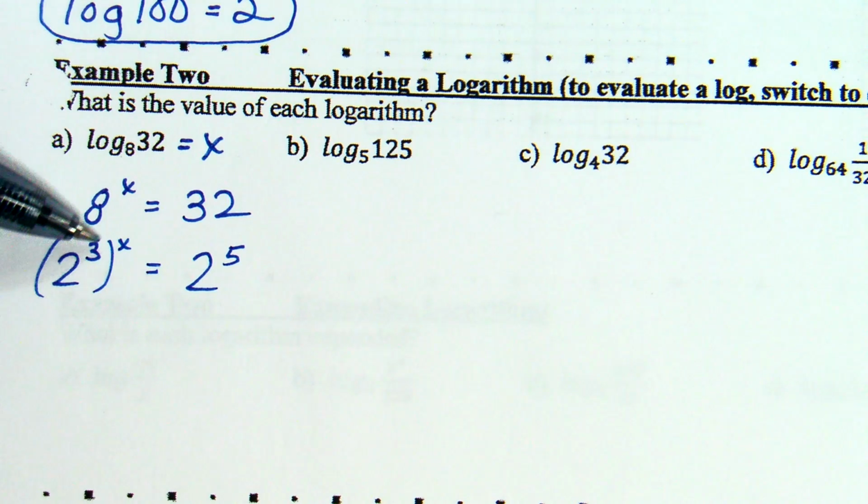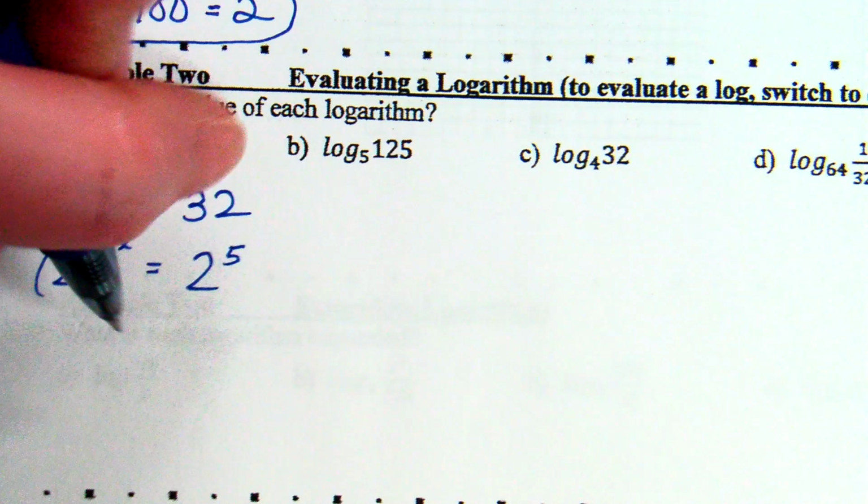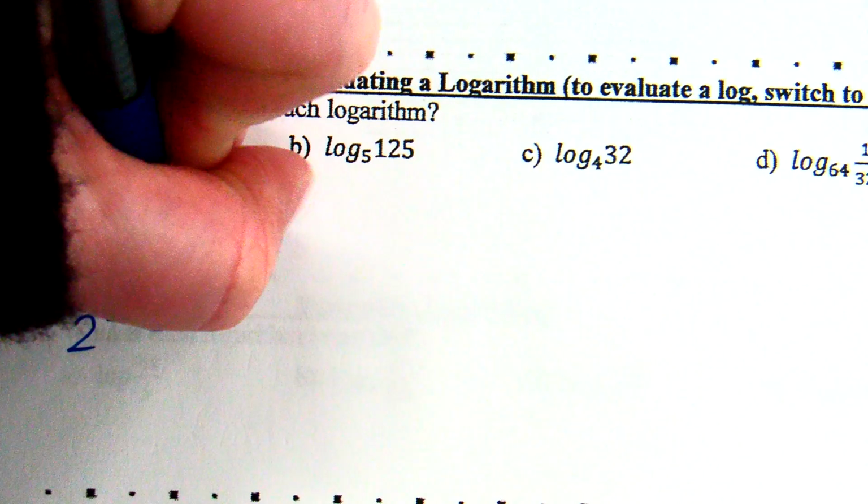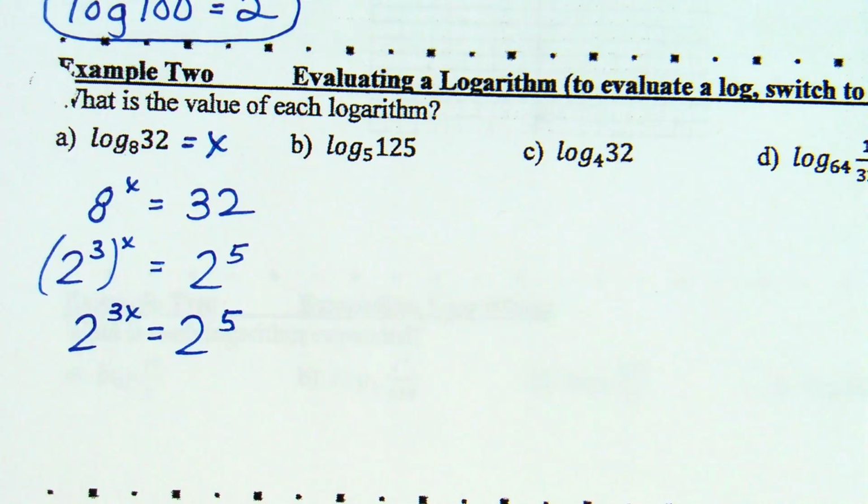Not add them, multiply them. So 2 to the third raised to the x can be rewritten as 2 to the 3x equals 2 to the fifth. Okay, guys. What do you think if the bases are the same?